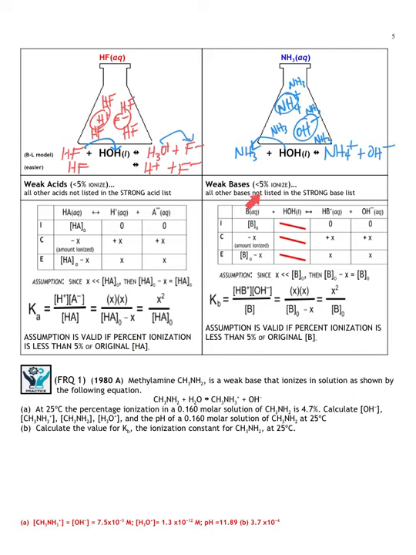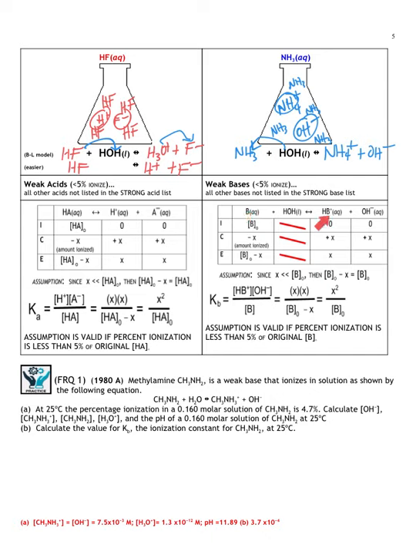Okay, so once you get to a base, the weak base is going to ionize in water. And you have to have water here because bases, according to Bronsted-Lowry, accept a hydrogen ion. And where it's going to accept a hydrogen ion is from the water right here, as you see.